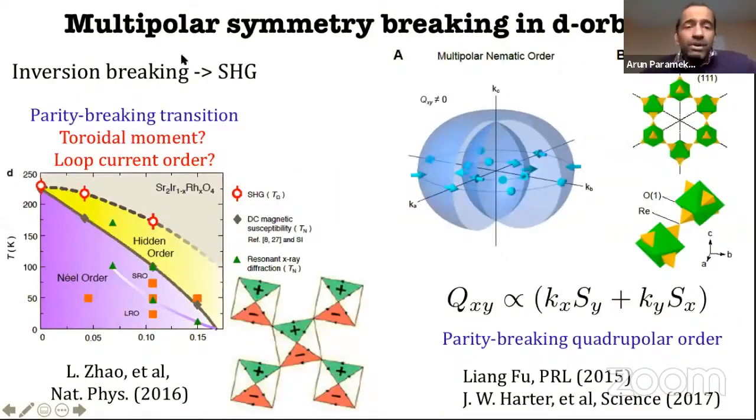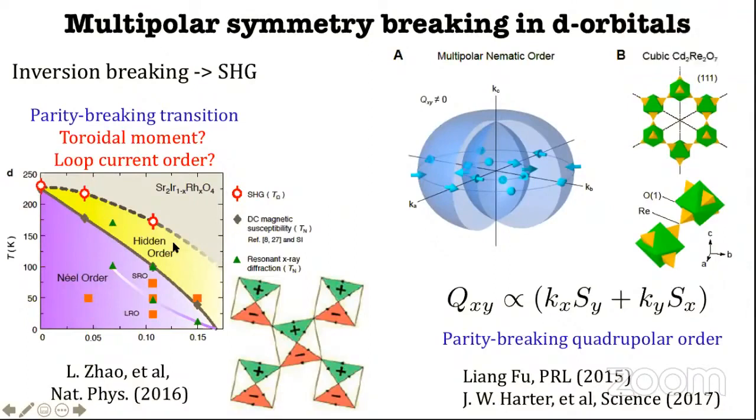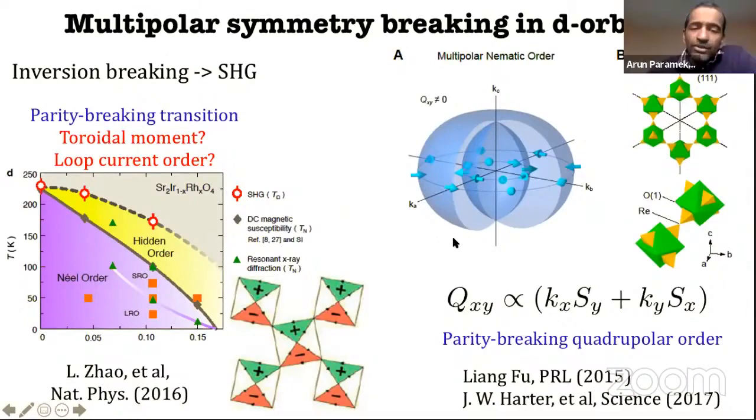So these multipolar orders, it's actually something where people have thought about how to probe these experimentally. And a couple of places where people have looked for this is using optics.